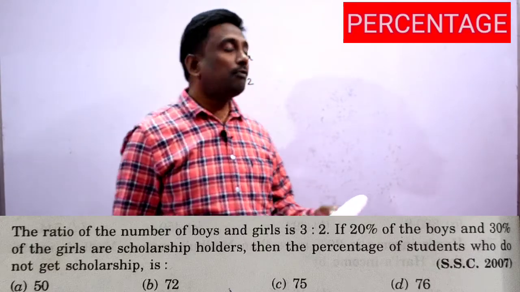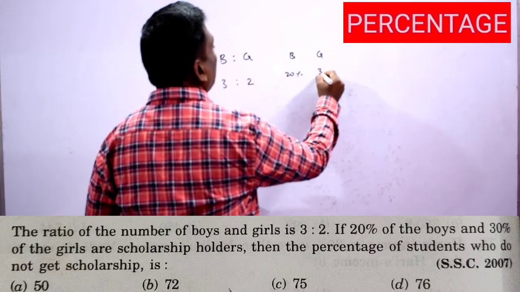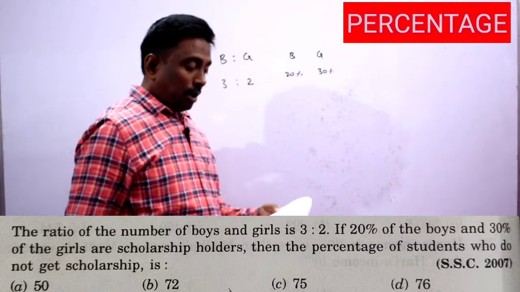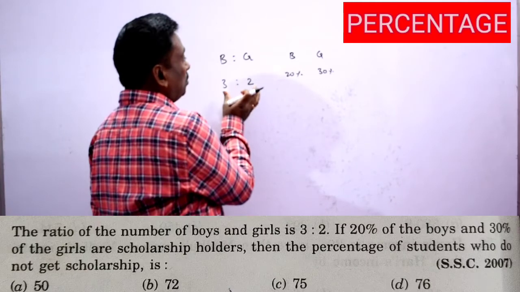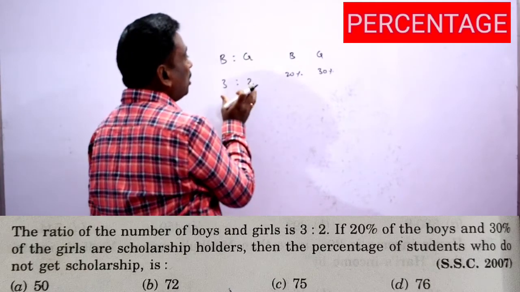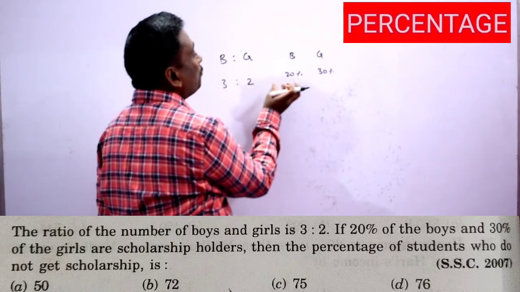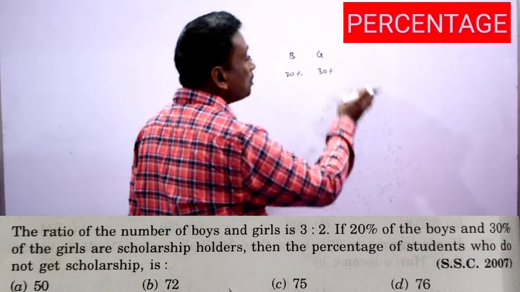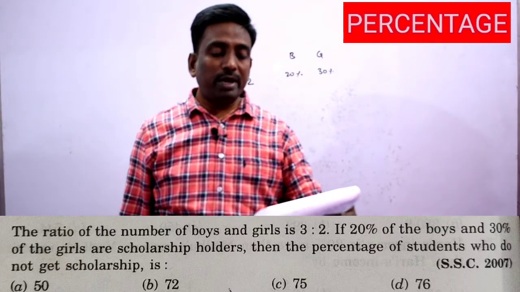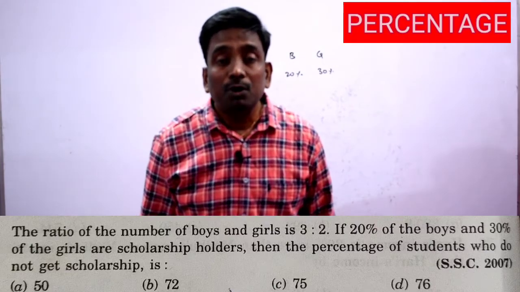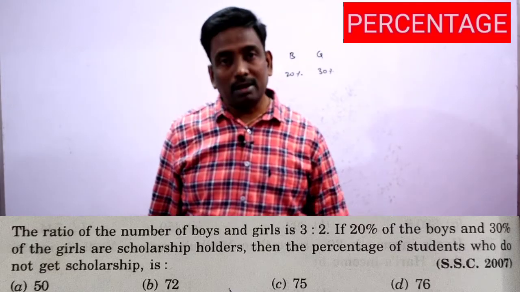If 20% of the boys and 30% of the girls are scholarship holders, then we have to find the percentage of students who do not get the scholarship.